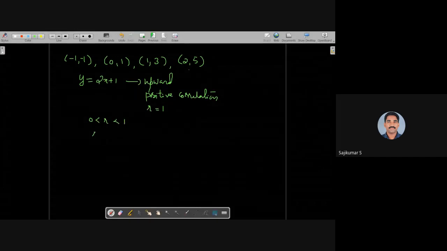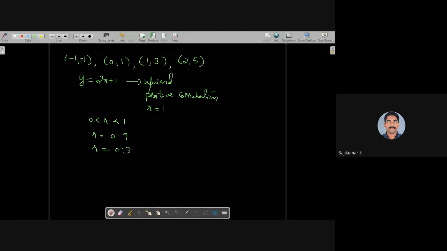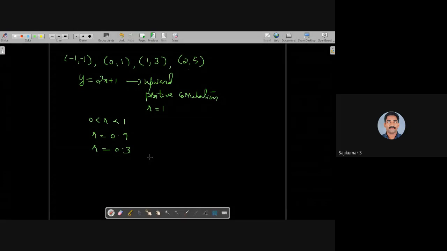Suppose we have 2 sets of data, one having correlation coefficient 0.9 and another having correlation coefficient 0.3. For which case can you expect more points to be in the neighborhood of the approximate straight line y is equal to a plus bx, r equal to 0.9 or r equal to 0.3?